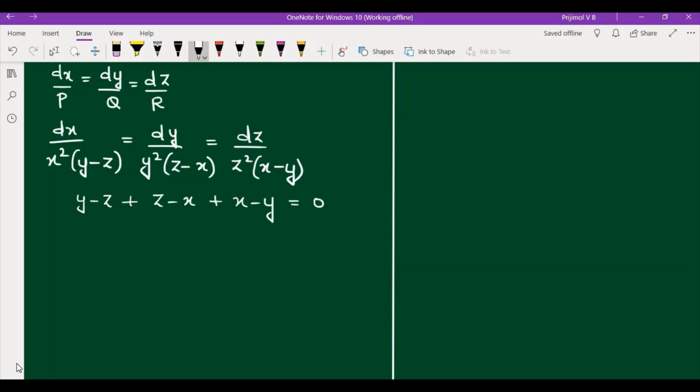Now how is this possible? How can you cancel this x square, y square and z square? By multiplying 1 by x square, 1 by y square and 1 by z square, you can cancel this x square, y square and z square. I hope it is clear now.